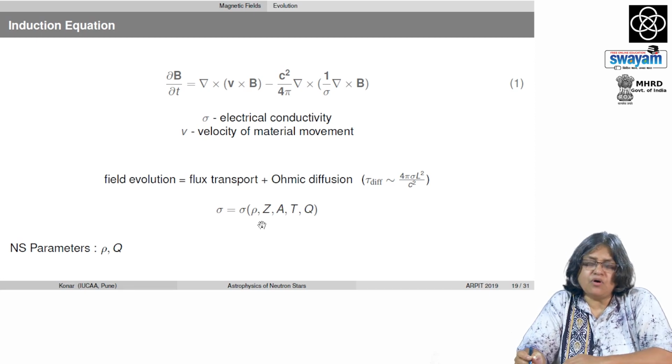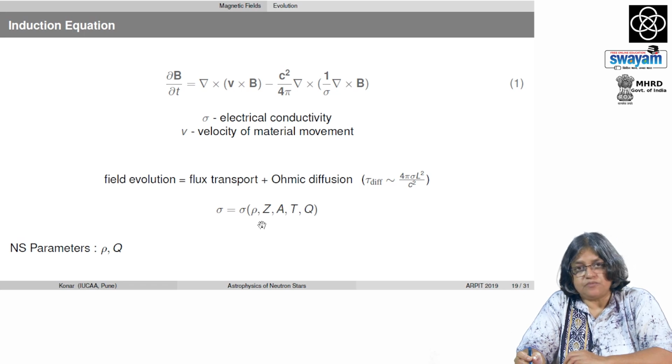Early in the history of neutron star astrophysics, it was shown that the value of electrical conductivity in an ordinary neutron star, which is not accreting material from its companion, is such that even if the magnetic field resides in the crustal region, the time required for the magnetic field to evolve, to undergo any kind of change, is larger than the Hubble time scale.